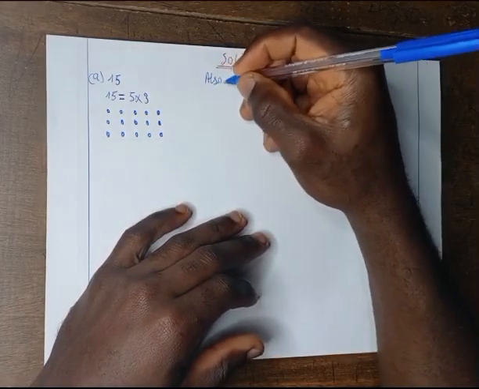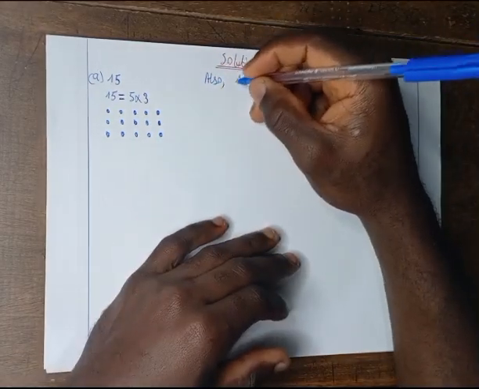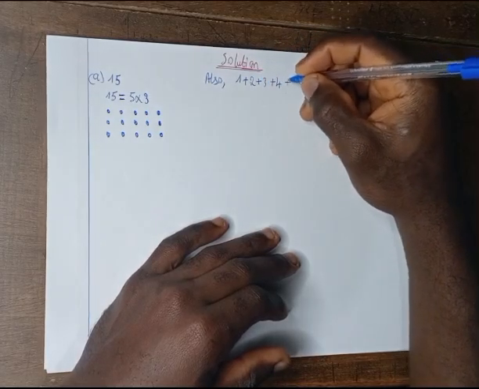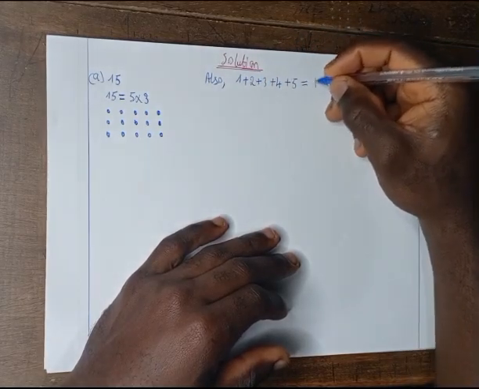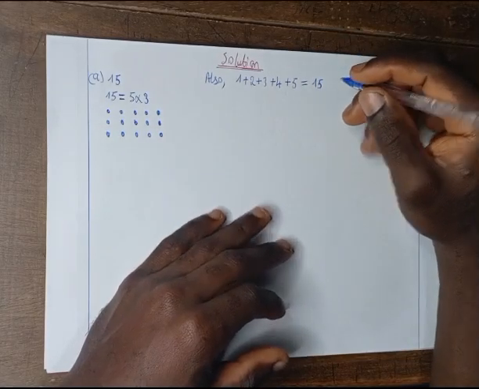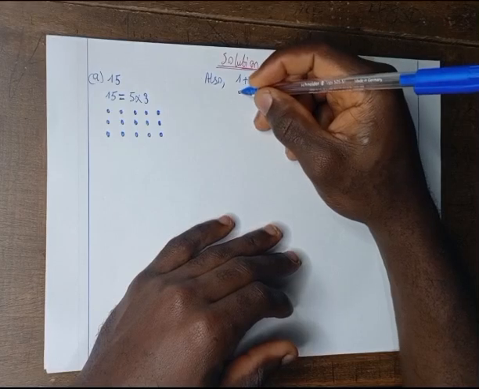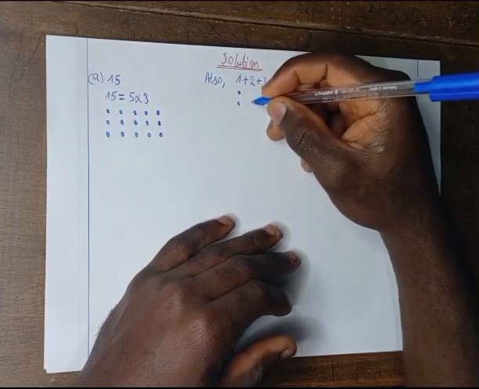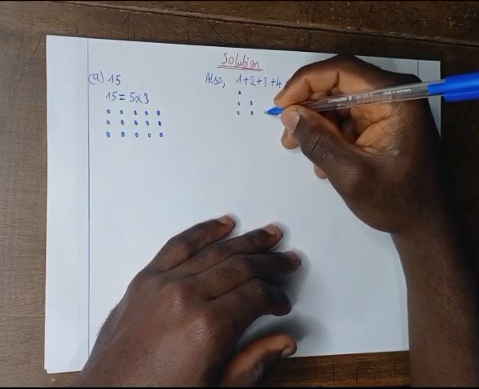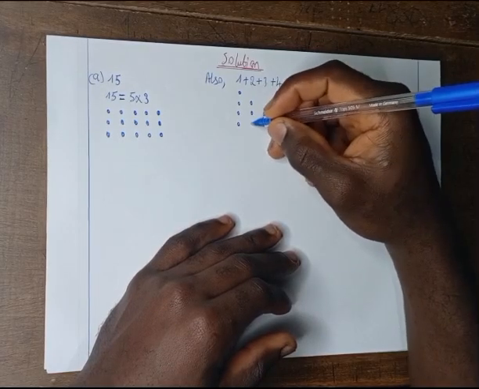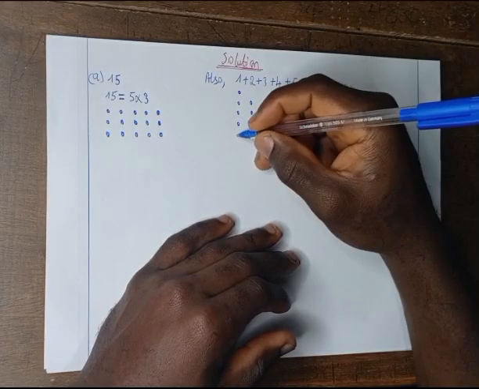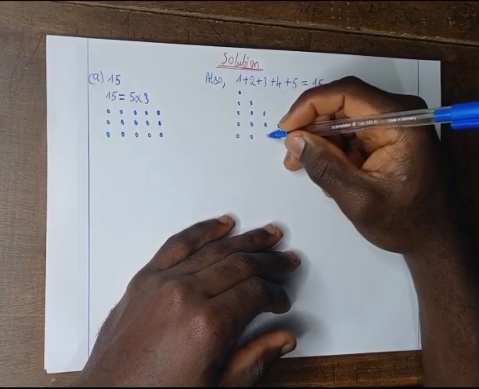Also, we know that 1 plus 2 plus 3 plus 4 plus 5 is equal to 15. It simply means that the number 15 is a triangular number. Let's do the representation of it. Next row we have 3 dots, next row we have 4 dots, and in the last row we have 5 dots.